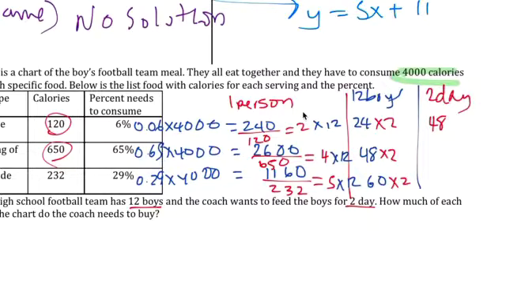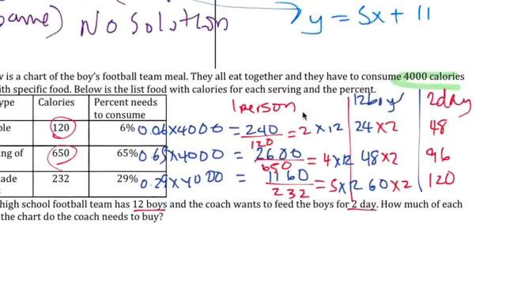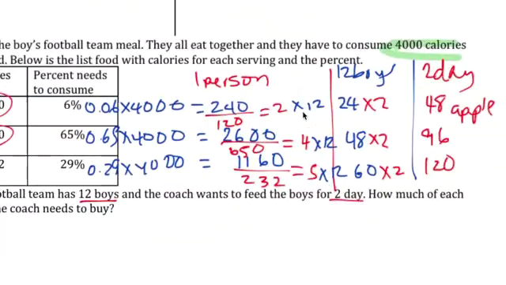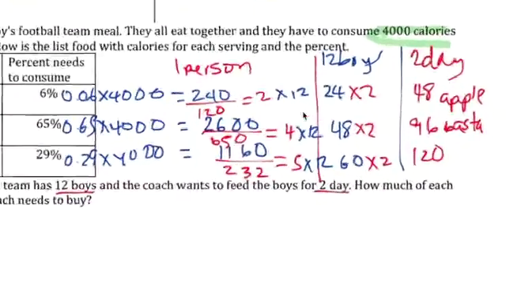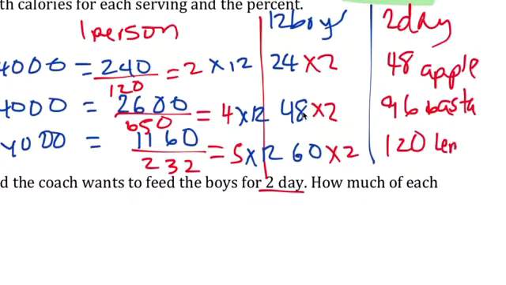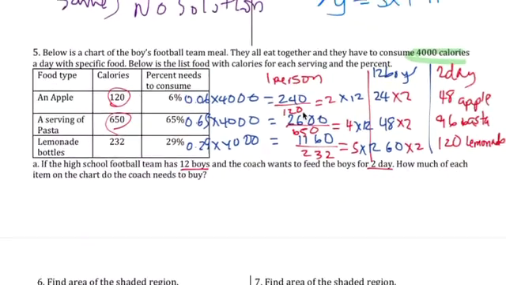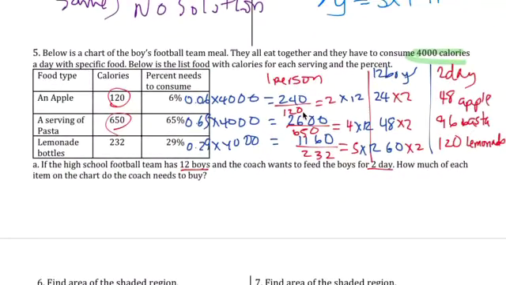48, 96, 120, and these are apples, and this is pasta, and the last one is lemonade, bottles of lemonade. Okay, how much of each item on the chart does the coach need to buy?